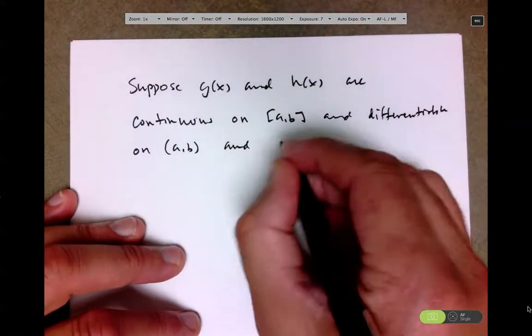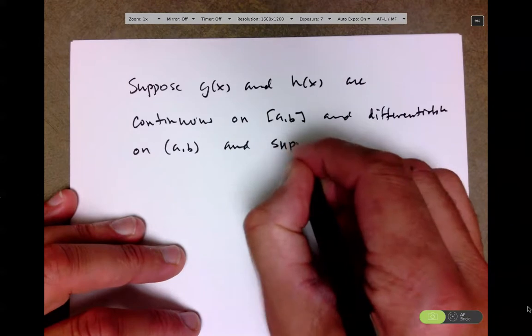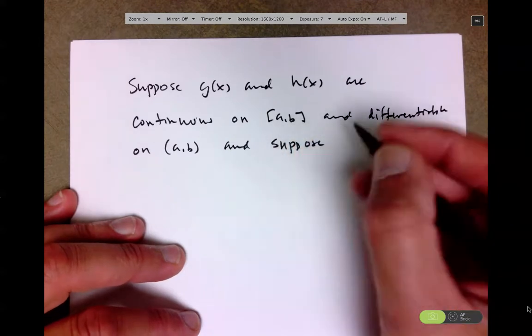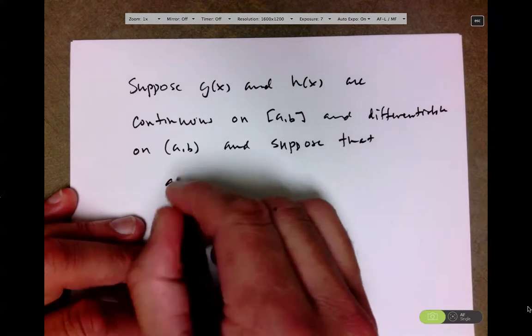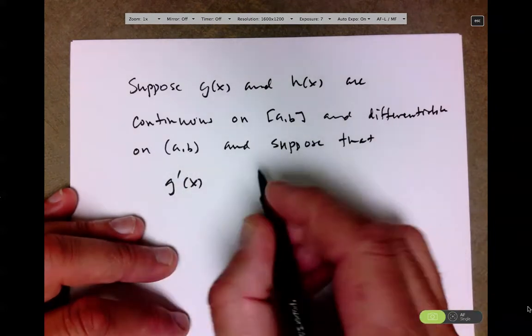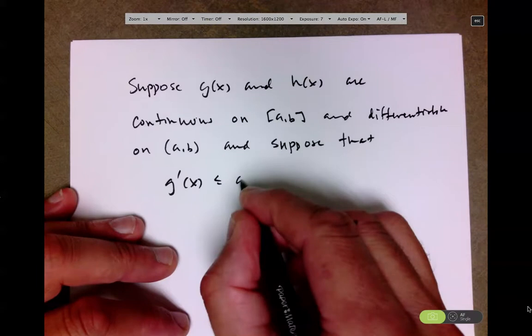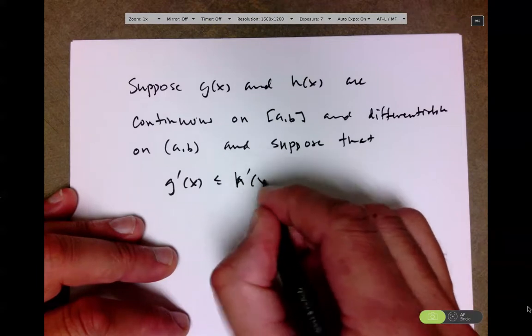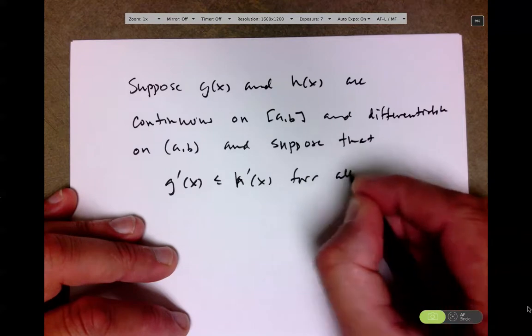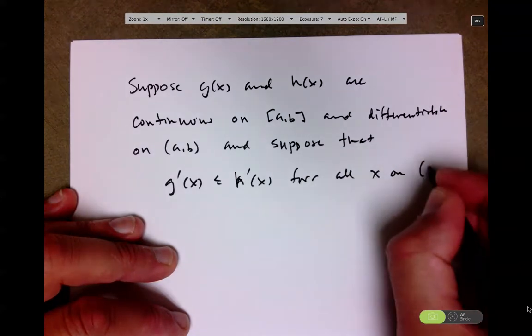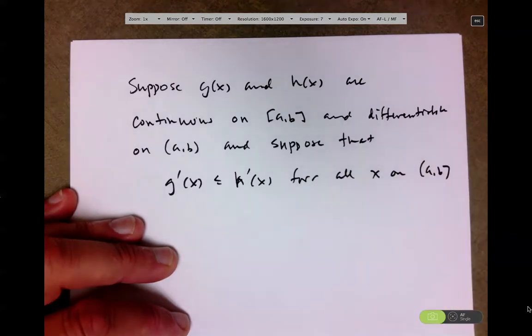And suppose that g prime of x is less than or equal to h prime of x for all x on the interval from a to b.